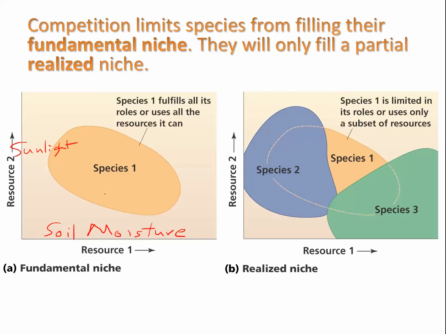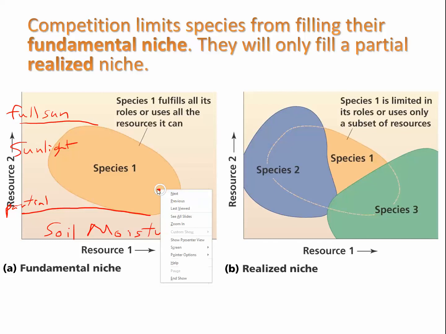So species 1, if it has no competition, might be able to use a certain range of sunlight, going from full-on sun that we might see here, full sun, to partial sun down here. And in terms of soil moisture, we'll do that in blue.